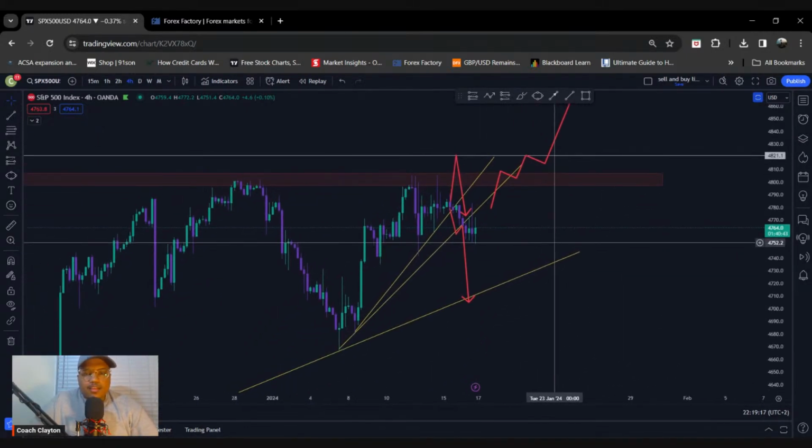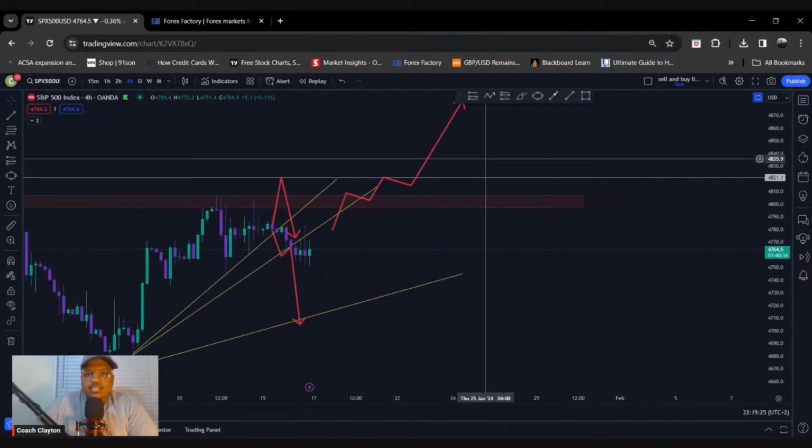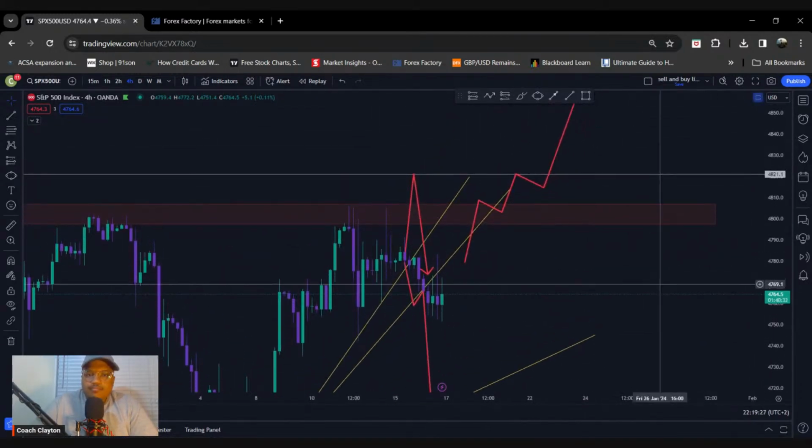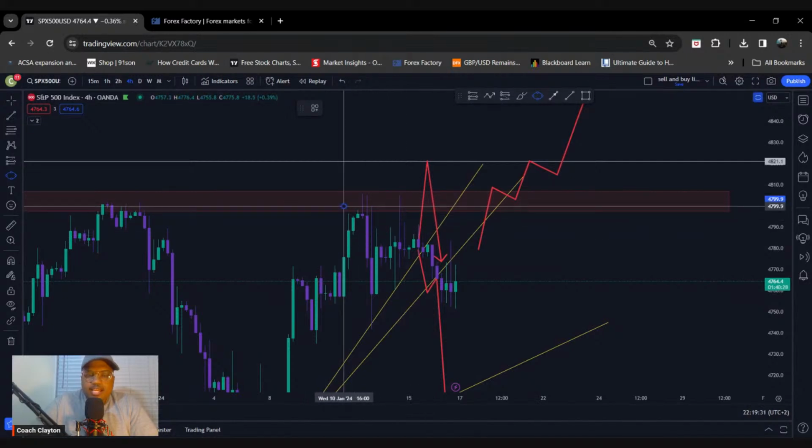So just bear that in mind. Have a look at that as well. Personally, I don't like how candle structure is forming regarding this particular area, right?